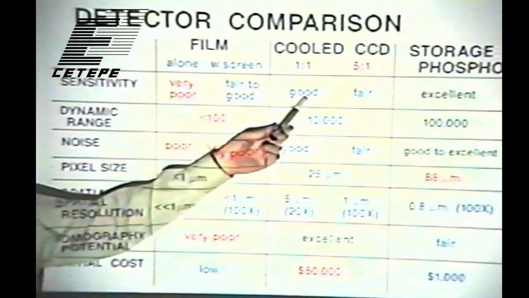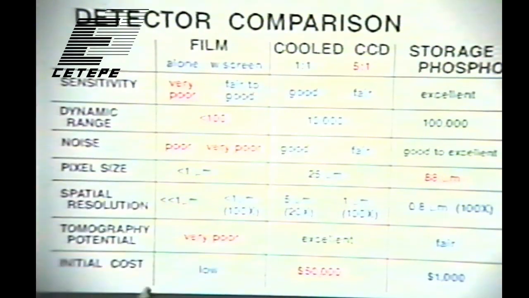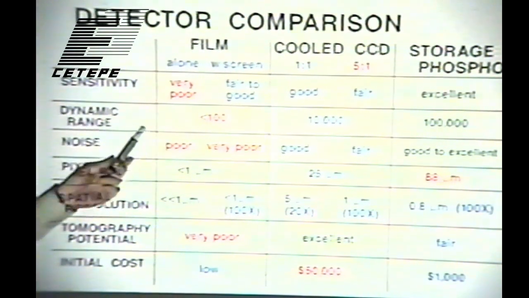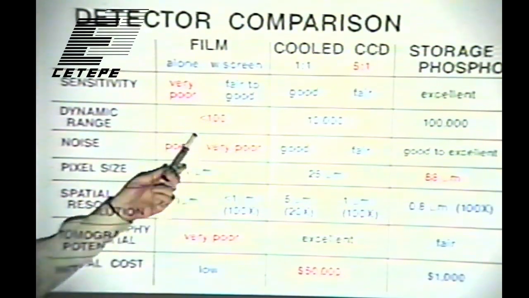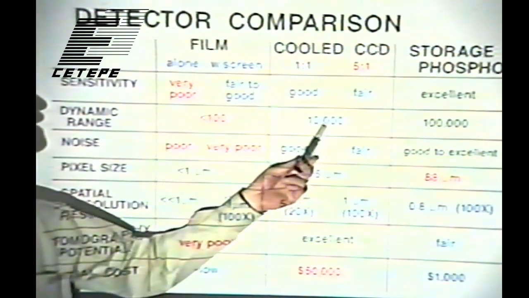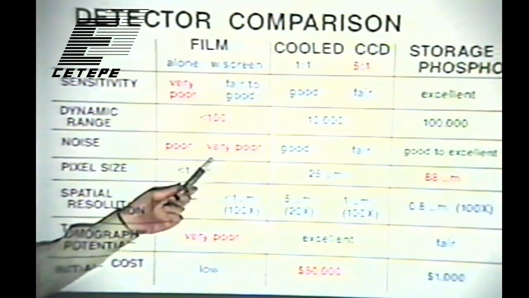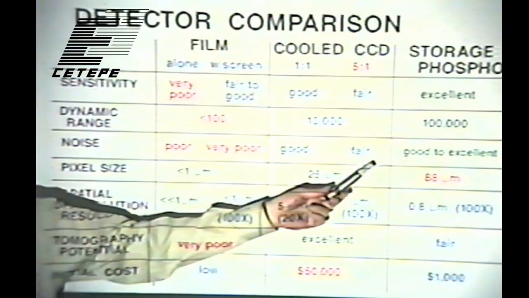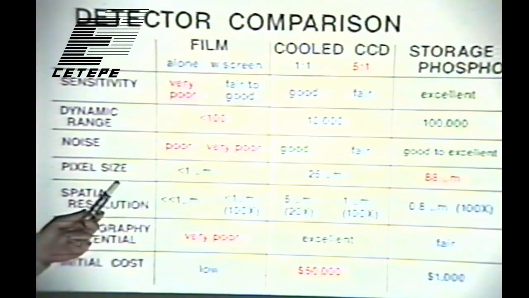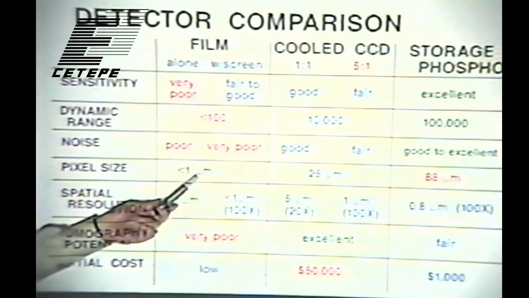But the CCD is good, and the phosphor plate is excellent. The dynamic range, film is bad. CCDs are good, and storage phosphors are excellent. Noise, film is noisy, it has that fog. Storage phosphors are good.